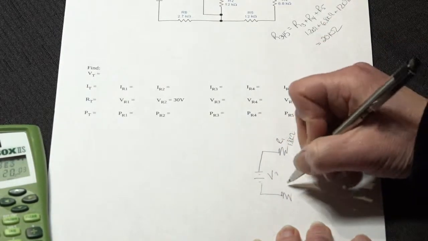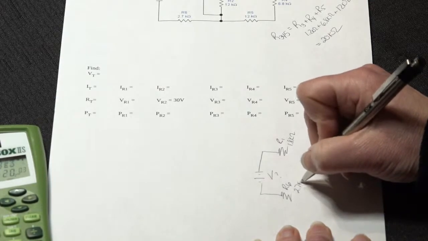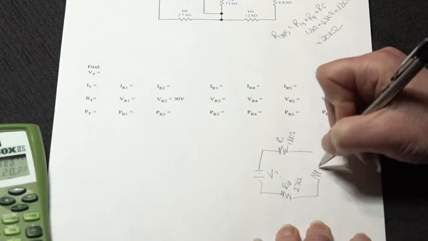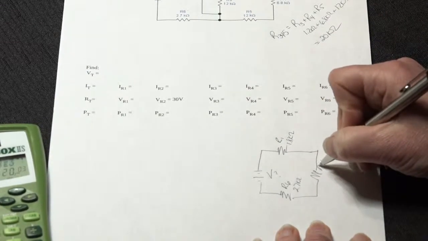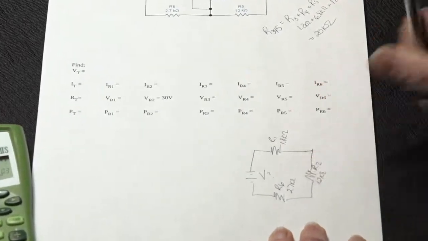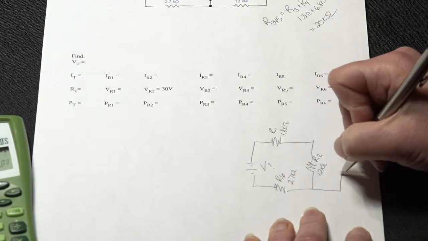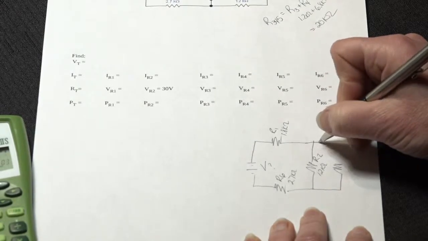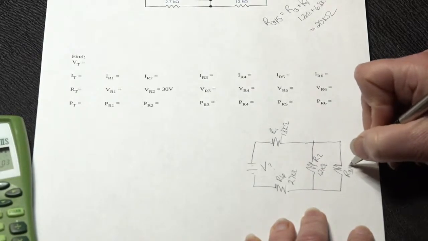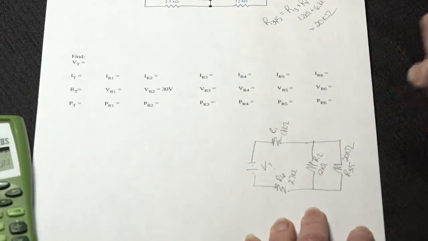We have R6, which is a 2.7K ohm resistor. We still have R2, which is a 12K ohm resistor, and we'll write that down here in just a second. And then now we have the R345 combination, which is 20K ohms.